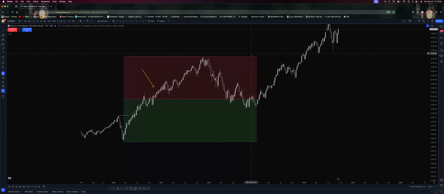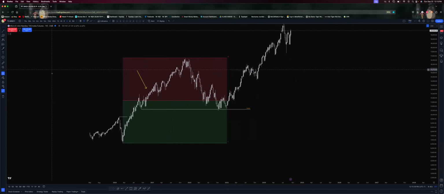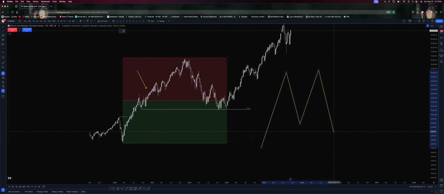So one of your confluences can be, did we sweep liquidity? So we want to find swing lows down here. We swept this. We also had a swing low right here. That is a sweep of liquidity. And just as I mentioned earlier, when we have a change of trend, right?